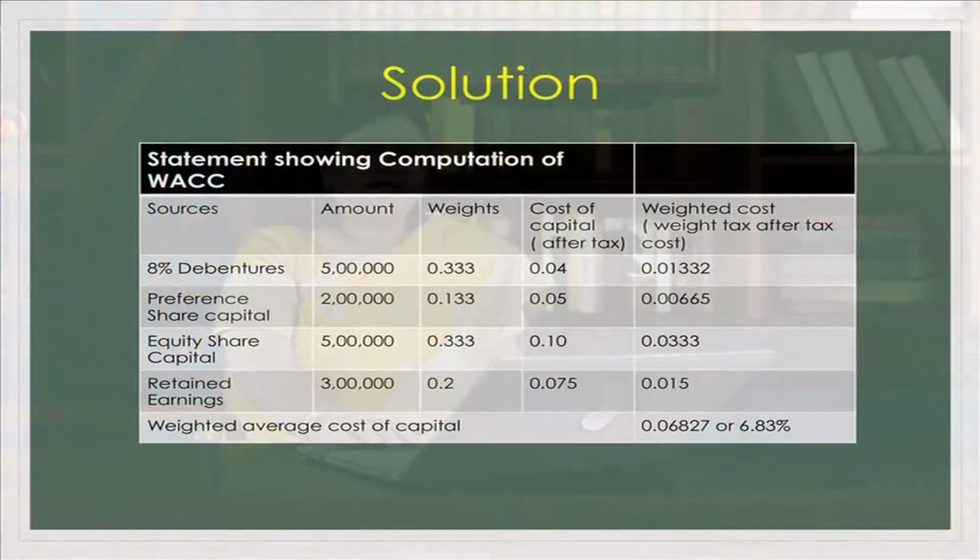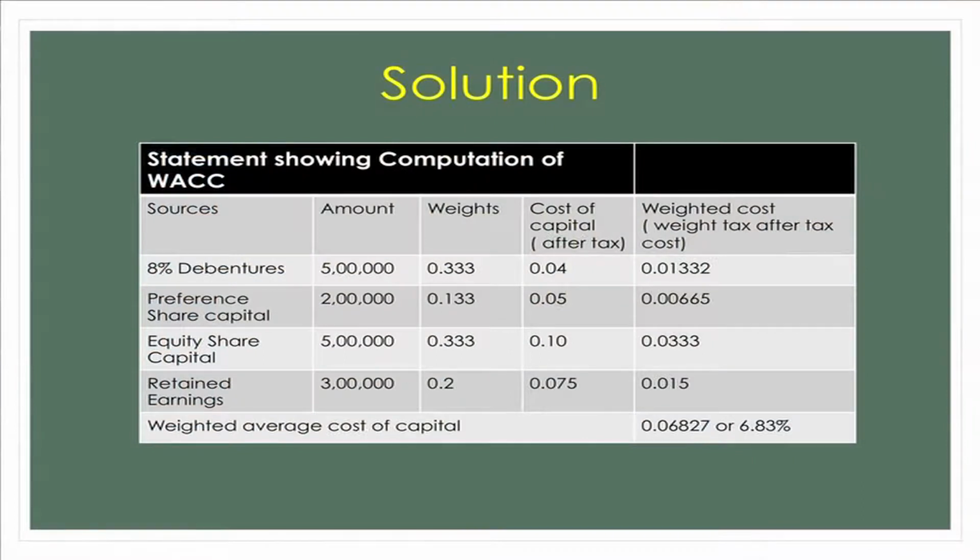We will present our calculations in a tabular format to arrive at weighted average cost of capital. First of all, we will write source of fund, its amount, then we will assign the weights and then we will write the cost of capital.